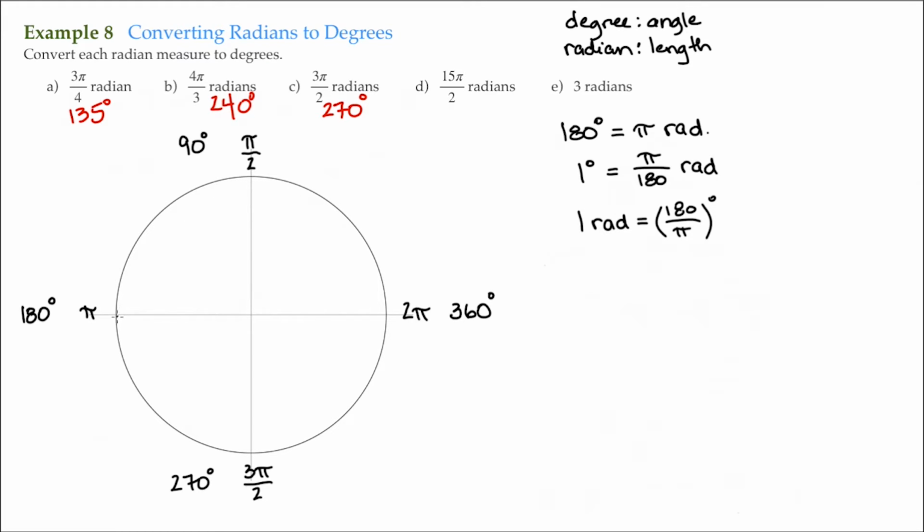I'm going to do 15 pi over 2. 1, 2, 3, 4, 5, 6, 7, 8, 9, 10, 11, 12, 13, 14, and 15. So we went around 3 times and 3/4 times. So looking at it logically, if I went around 3 times, 1, 2, 3, that's 3 times 360.